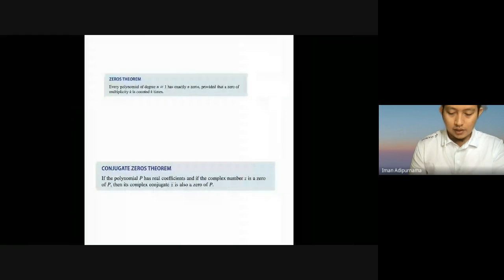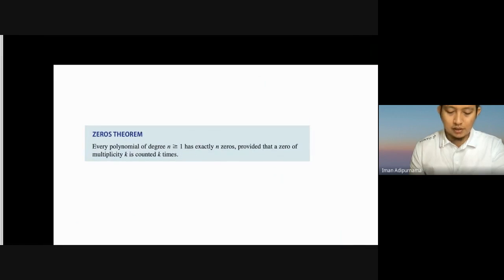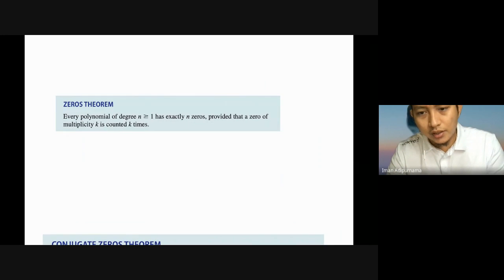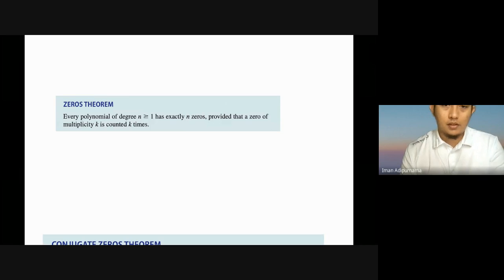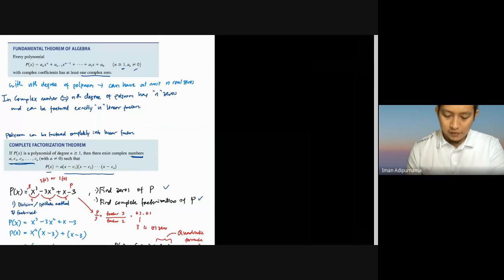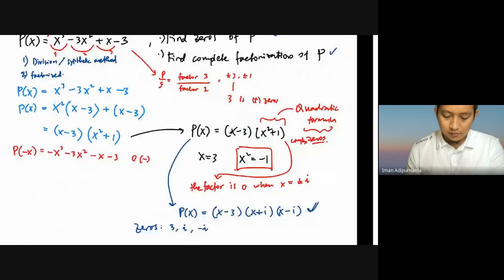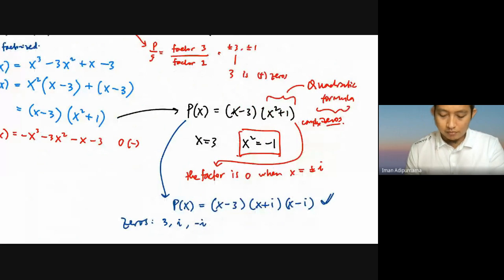And the next thing here will be about the multiplicity. The multiplicity is actually not really that important, but this is just to show you that this I should include in the complete factorization. Complete factorization, what I mean is this part here, we factor out the polynomials, right?